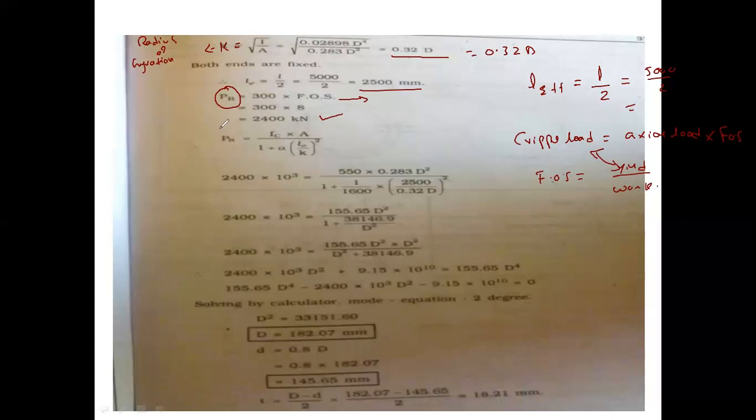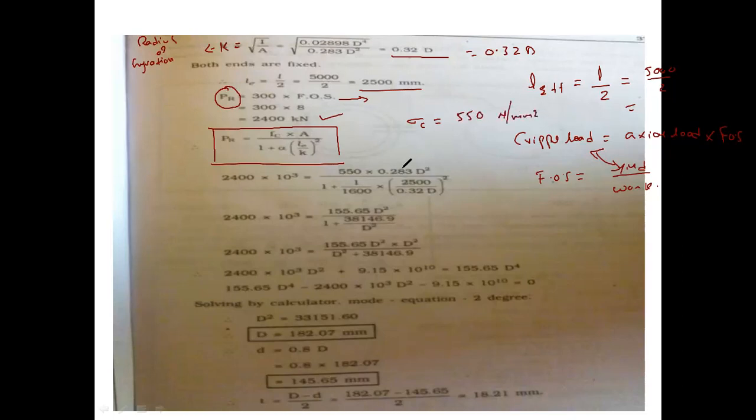Substitute your PR value in the Rankine formula: PR is equal to sigma C into A by 1 plus a lambda square. Substitute all these values, because everything you know. What is the sigma C value given? 550 Newton per mm square.